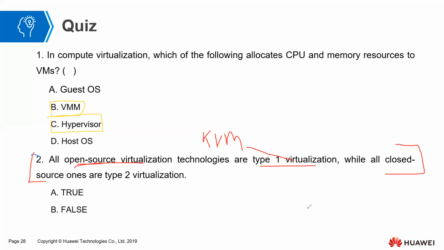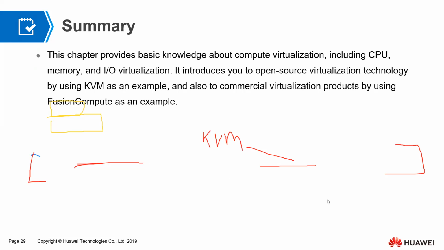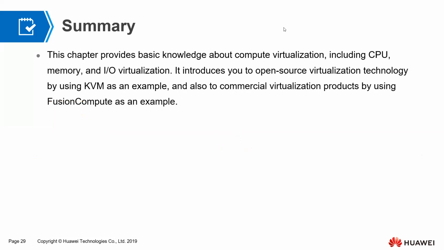Okay, so that brings us to the end of this chapter. This chapter provided us with the basic knowledge about computer virtualization, and I repeat, basic. You can go ahead and read more if you want to, but just the basic knowledge about computer virtualization, including CPU, memory, and input and output virtualization.